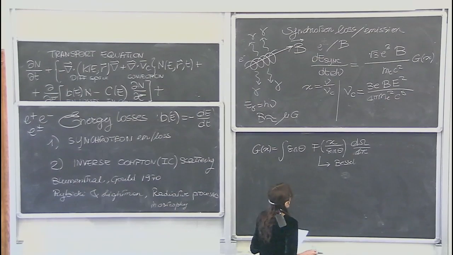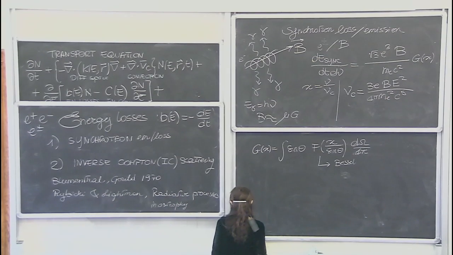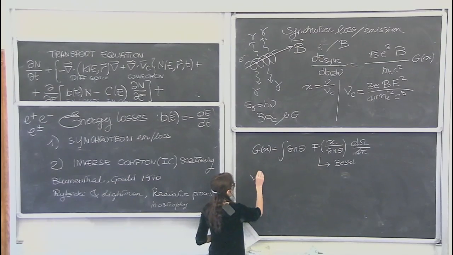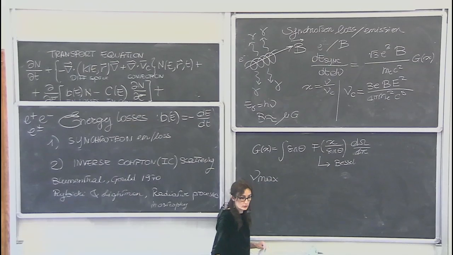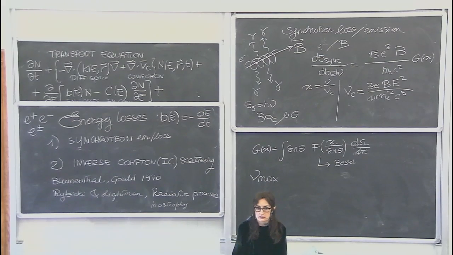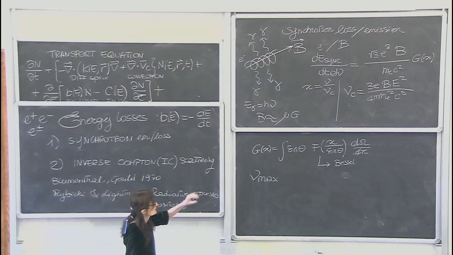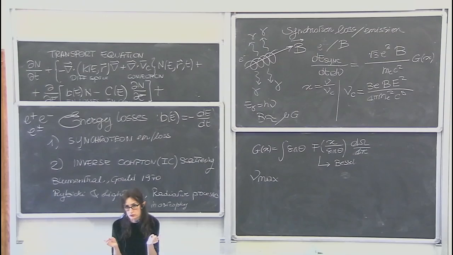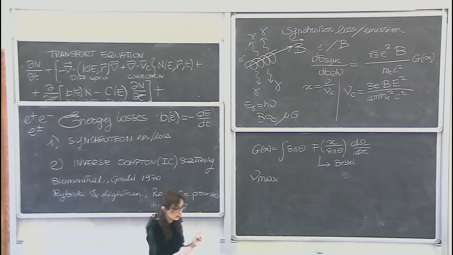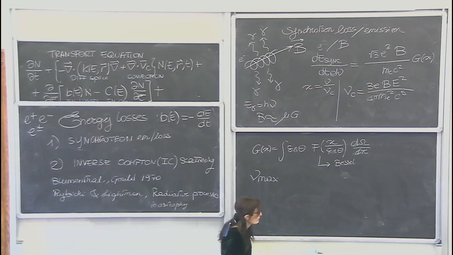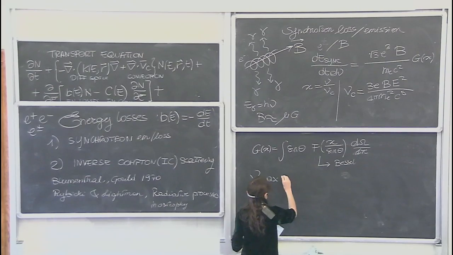One can derive the frequency, which I call nu max, which is a bit different indeed from nu c, and it is the frequency at which we have the maximum of the emission or the loss. So the maximum of the emitted power.